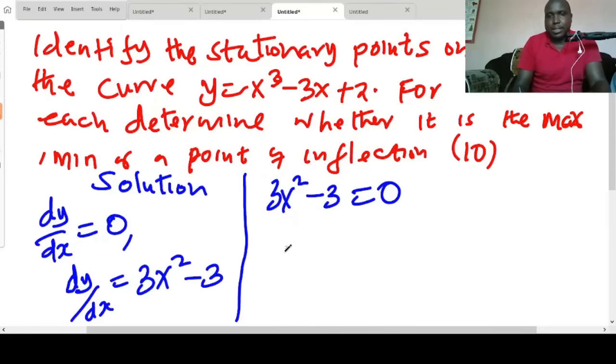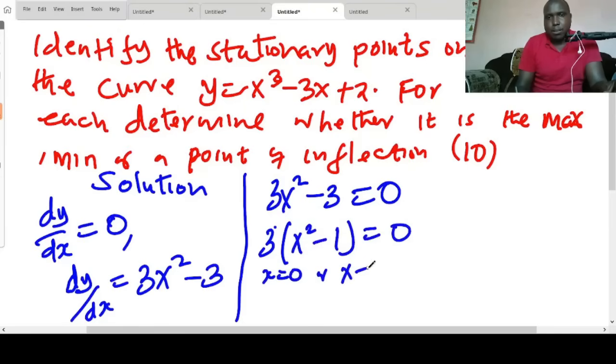As you can see, this is a polynomial, so we are going to get two values of x. 3 is common, so 3 into (x squared minus 1) is equal to 0. It is a difference of two squares: (x minus 1)(x plus 1). So you can see here, x is equal to 1, or x is equal to negative 1.